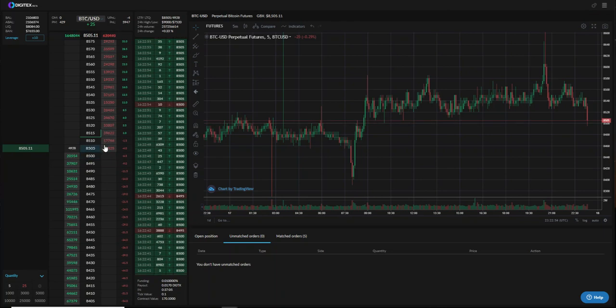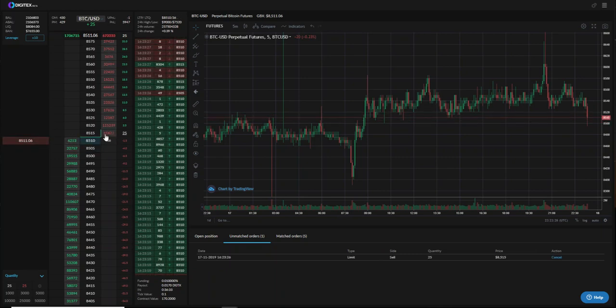The same happens here on the ask side. If you want to place an order to sell, and let's say I'm still holding my longs and now I've averaged, so my long average is over here, and I want to get out, I want to place a limit sell here. Let's say 25. I click over here and I get the exact amount that I am currently open. If I want to place a limit sell, I will place it here. To be executed, there will have to be enough aggressive buying to take this entire liquidity and then take mine.